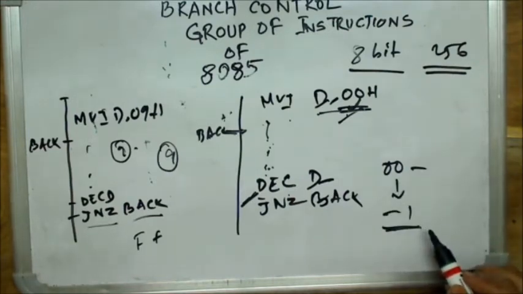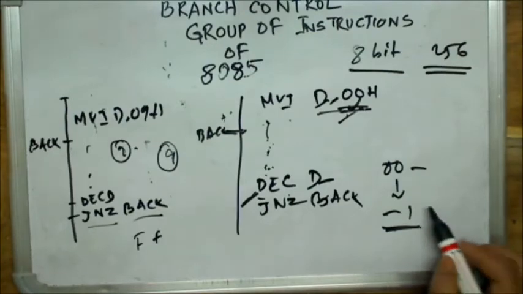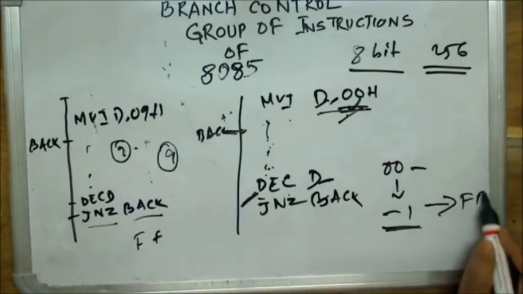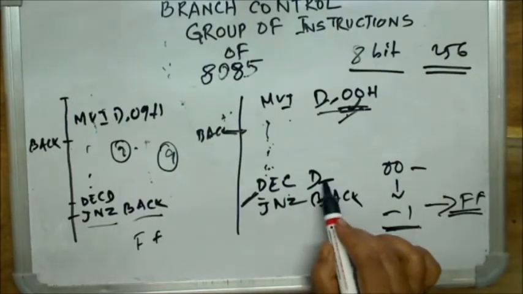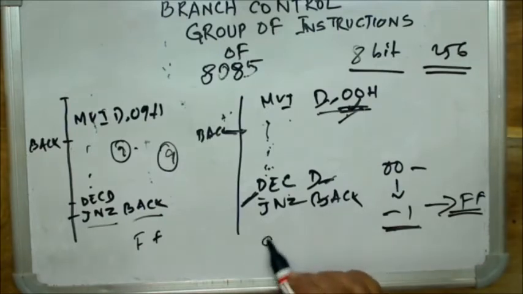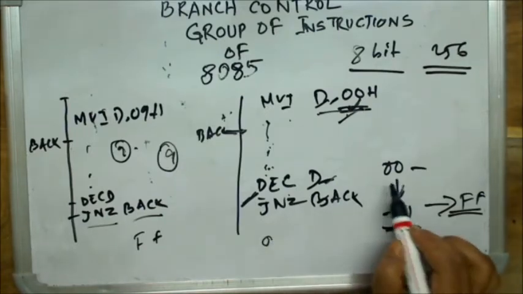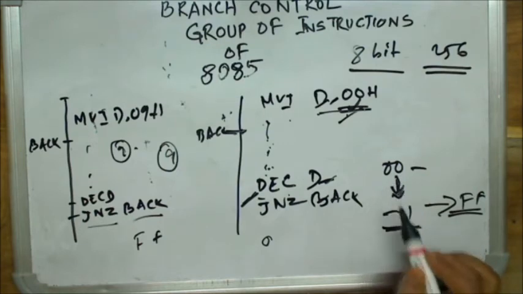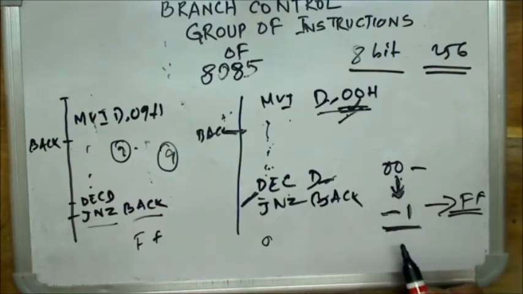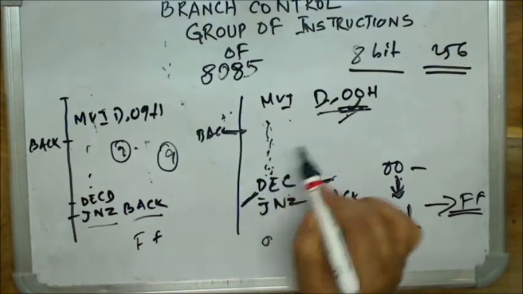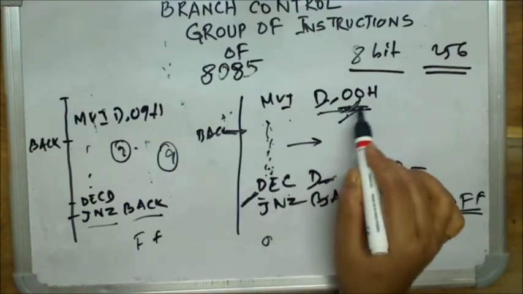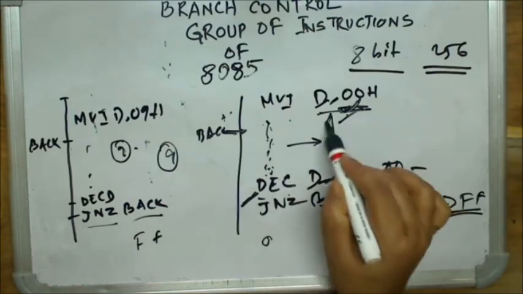Understand very clearly: if you write DCR D, 0 will be decremented to -1. Despite writing 00H, this segment will be executed.